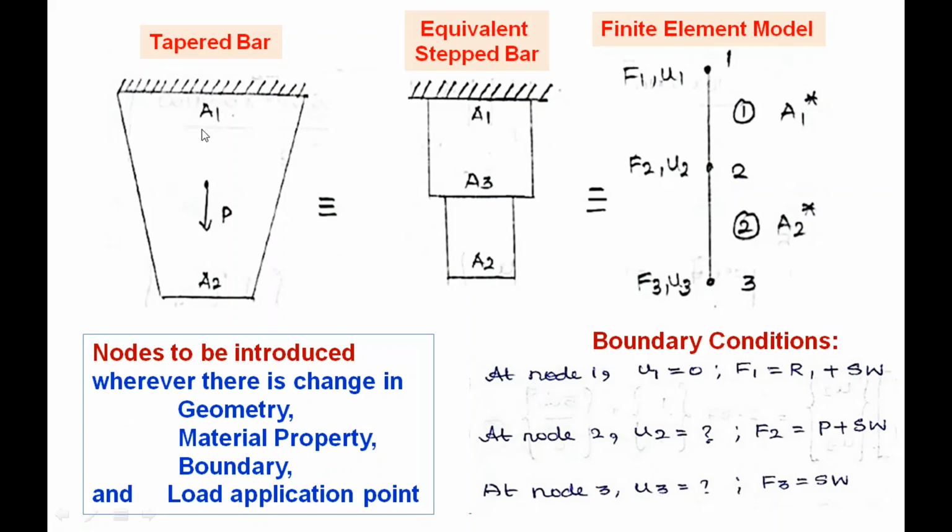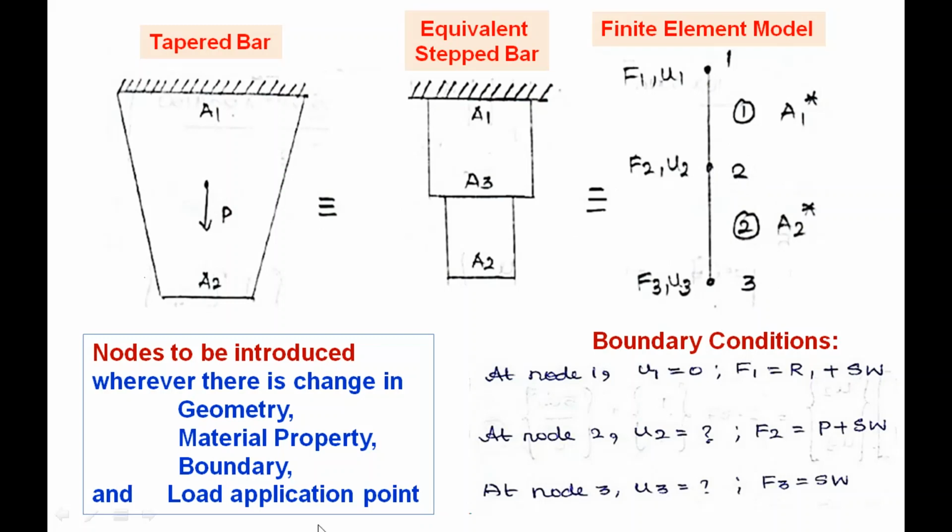Here in the given tapered bar, the fixed end is denoted by one node. So node 1 is the fixed end. Similarly, the load acting point is in the middle, so this load acting point is node number 2, and there is no change in material property. The free end is a boundary, so we go with node point 3. So the fixed end and free end are boundaries.